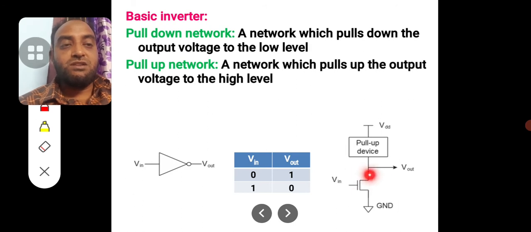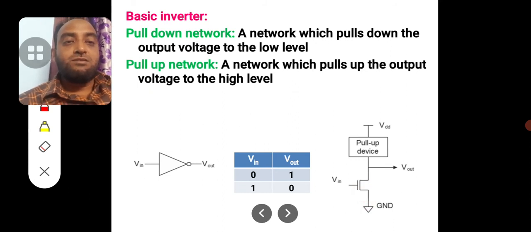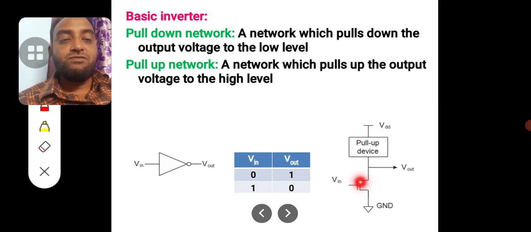So to protect the device, we need to add a pull-up device in its drain circuit. The role of this pull-up circuit is to protect the device from overcurrent breakdown. So the role of this pull-up device is to protect the pull-down device.